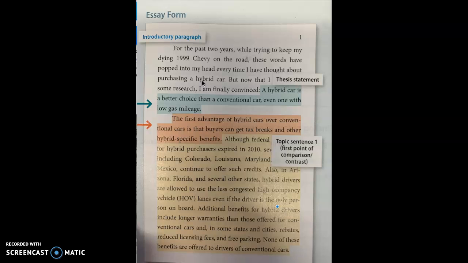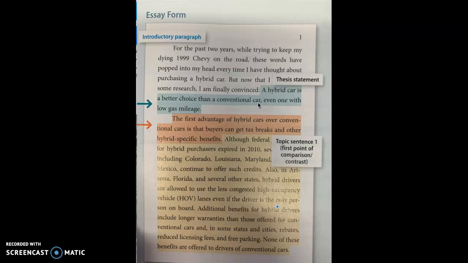And the thesis is really important because it's going to do a couple of things. It's going to name your subjects, and you should have two of them for compare and contrast. In this case, subject 1 is a hybrid car, subject 2 is a conventional car. And then you have to decide whether you're going to do a comparison or a contrast.